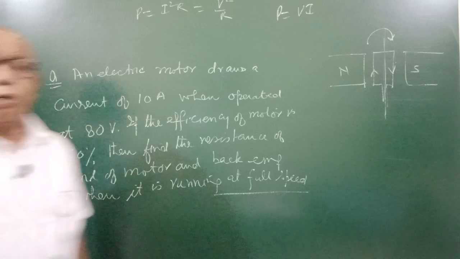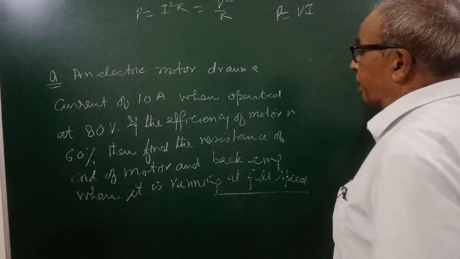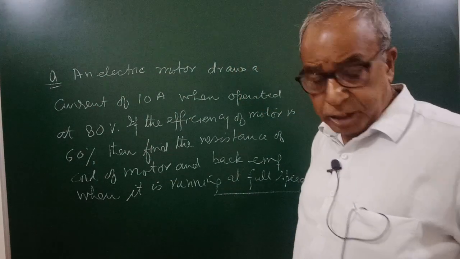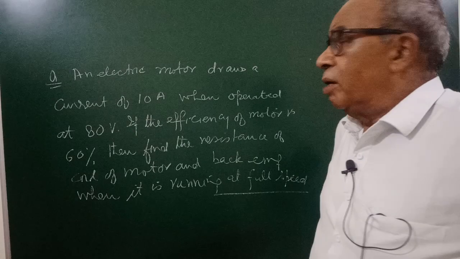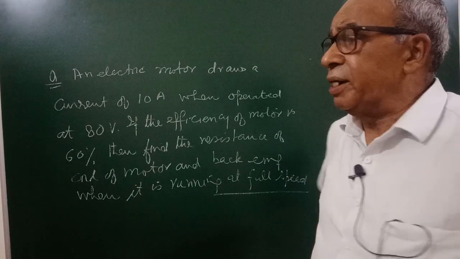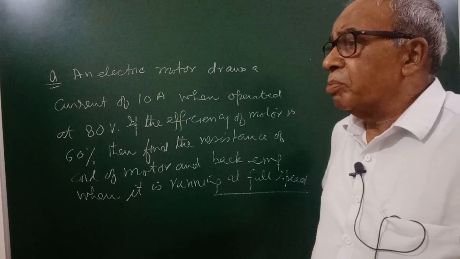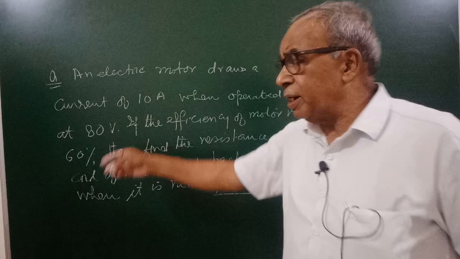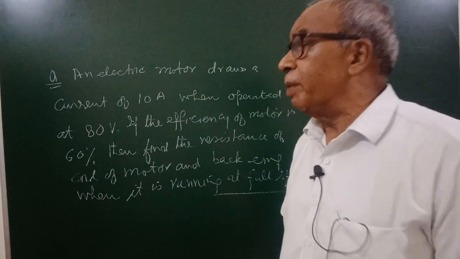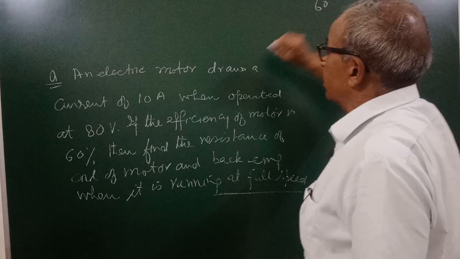I think you have got the question here. You can say it like this also: an electric motor operates at 80 volt and draws 10 ampere current. Efficiency is 60%. So what is the resistance of the coil? 60% efficiency means the purpose of the electric motor is to convert electrical energy to mechanical, so 60% of the input power.